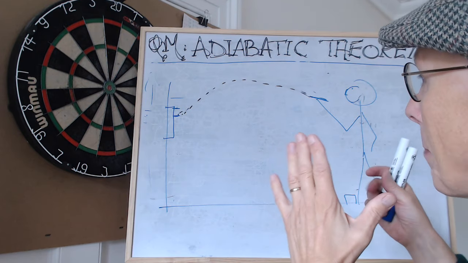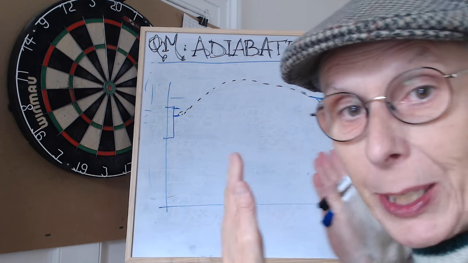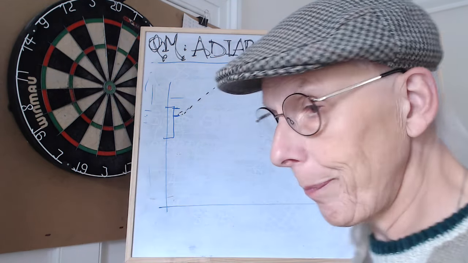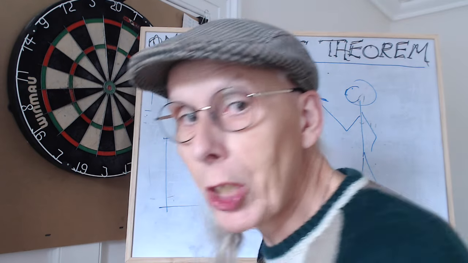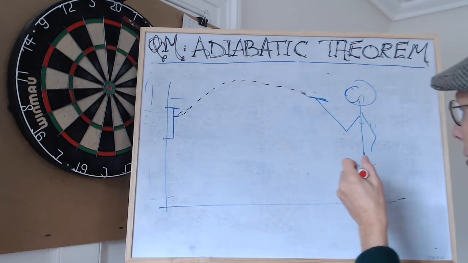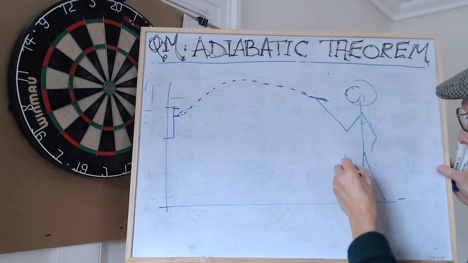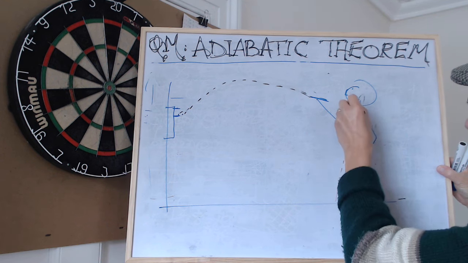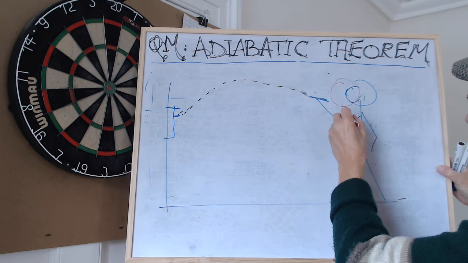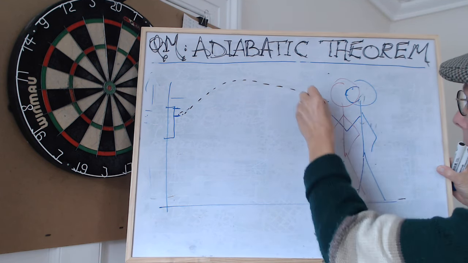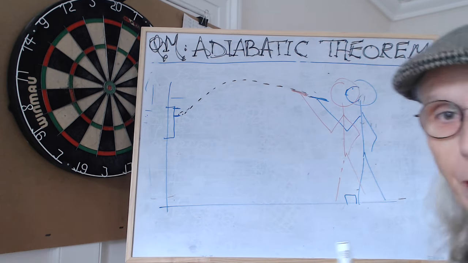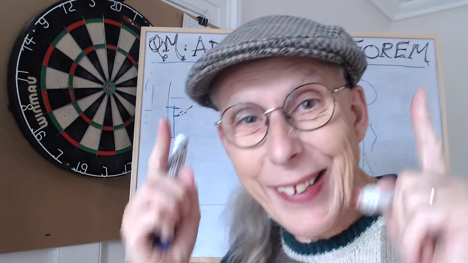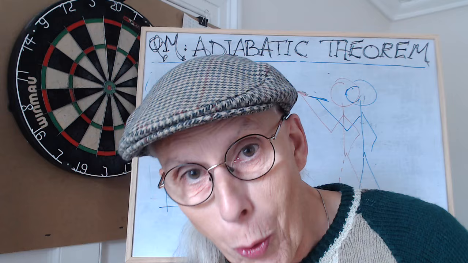Now, imagine if that player stepped forward of the oche. Let's imagine a ghost version of that player who is just a few inches forward of the oche with exactly the same throw.